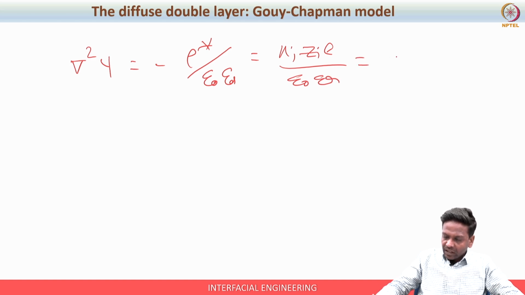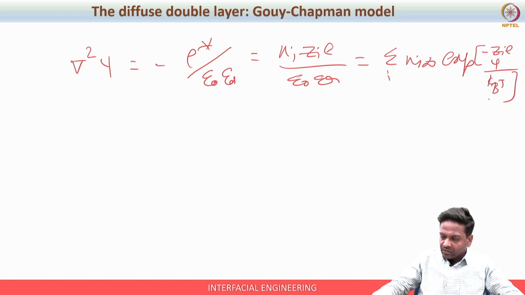So, what is Ni, which we described as Ni∞ exp(−Zi e ψ / kBT), which we described already, multiplied by Zi e, divided by ε0 εr. So, this is what we have.